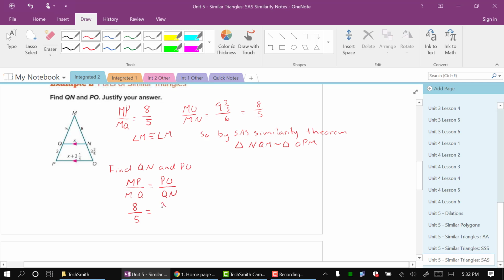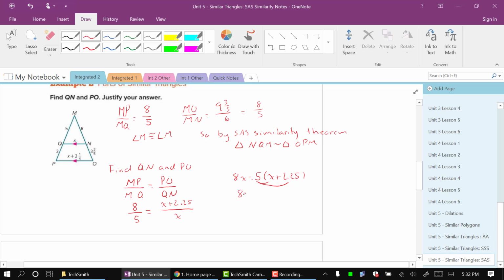So this is going to give me x plus 2.25, because a quarter is the same as 2.25, over x. Cross multiply. 8 times x equals 5 times x plus 2.25. Distribute. Again, cross multiplication gets rid of the fractions. It eliminates whatever denominators we had, so we don't have anything in the denominators.